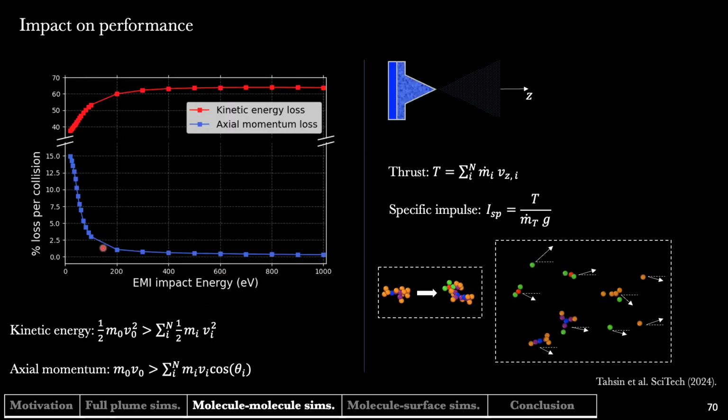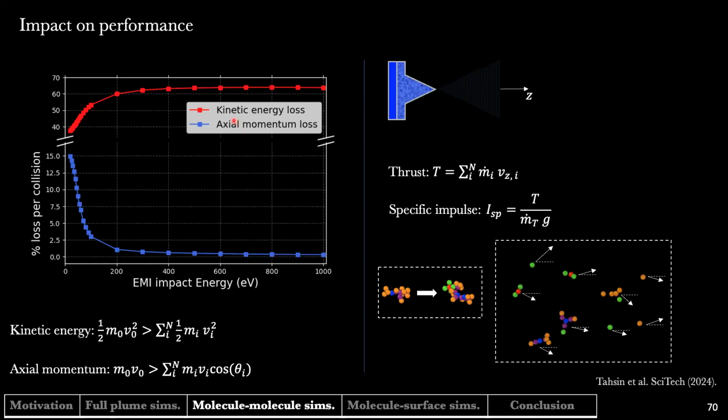And next, we are also interested in the loss of kinetic energy and the loss of axial momentum. So if you start with this system here, the kinetic energy of this monomer moving towards the neutral is higher than the sum of the kinetic energies of all these fragments. Similarly, the axial momentum of this monomer is higher than the axial momentum of all these fragments.